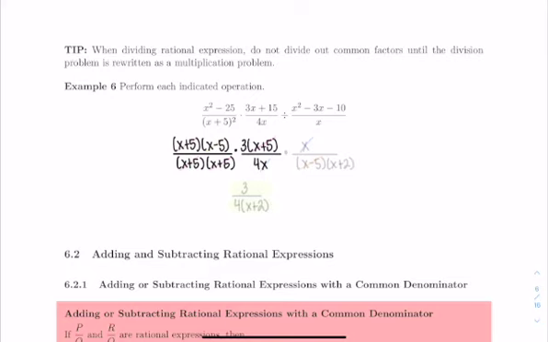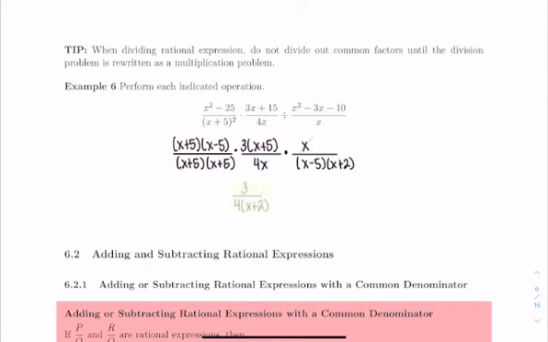And remember, we're going to use keep change flip. So I'm going to change that division to multiplication, and then we flip the second fraction. So x is now on top, and we can factor the denominator as x minus 5 times x plus 2. And so let's see what we can cancel.